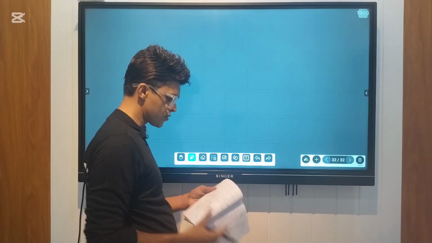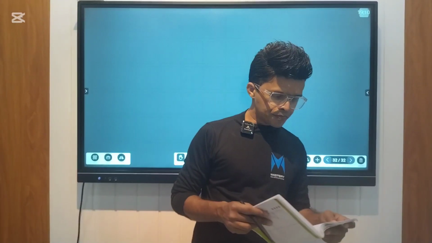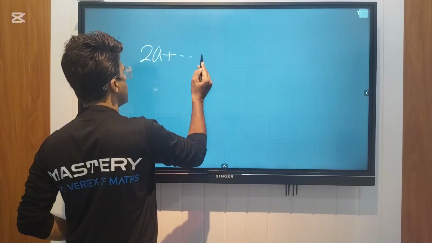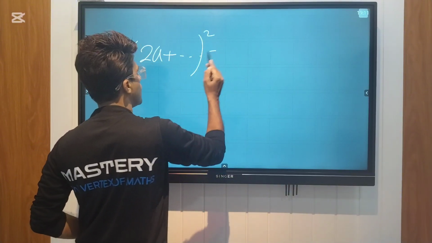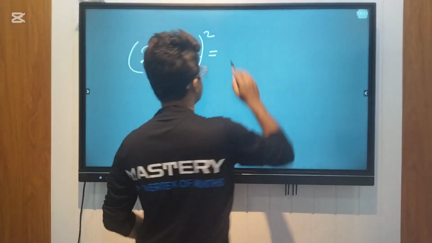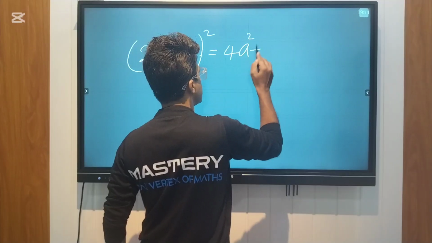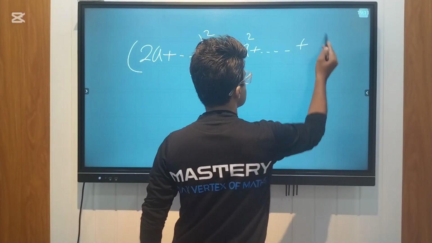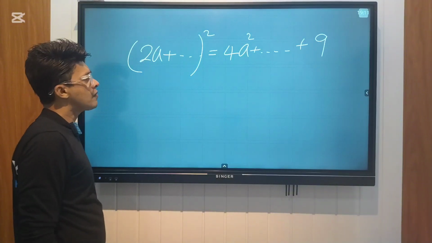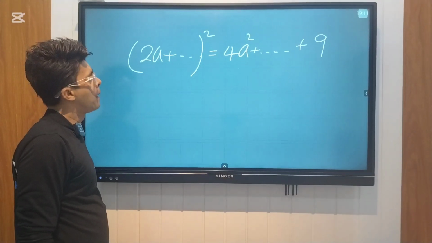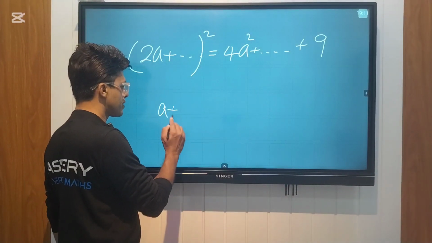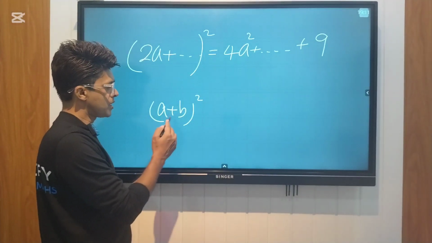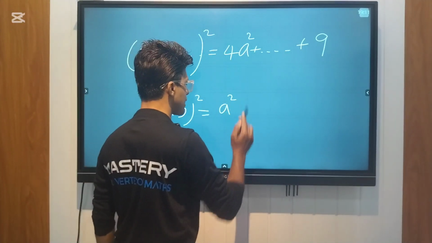Next question is the 17th question. Fill in the blanks: 2a plus blank, whole squared, equals 4a squared plus blank plus 9. Now, can you remember this relation? Binomial expressions: first term, second term, then this can be expanded.